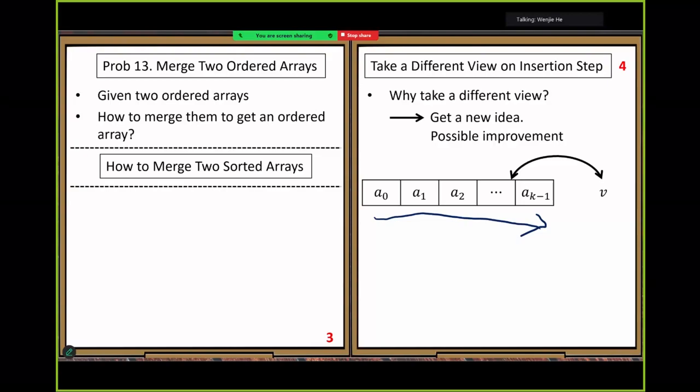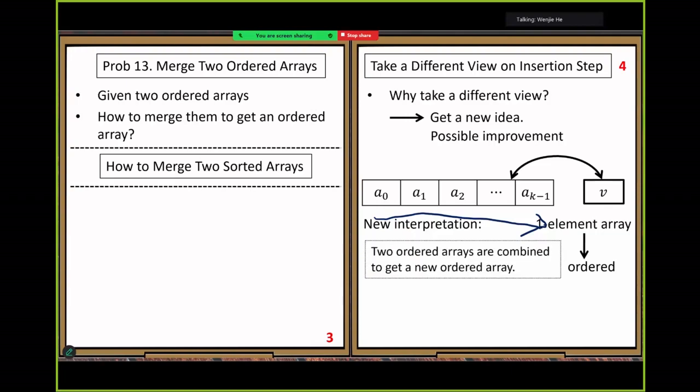So here we look at the standard insertion step. All right. So here, our new interpretation: now we need to replace this single-element ordered array by a general new ordered array. Do that replacement.